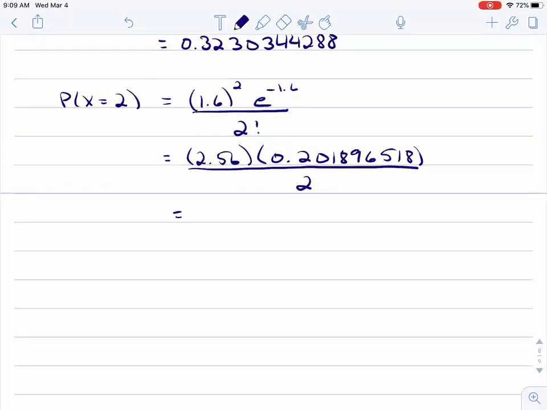So I get 2.56 divided by 2 times that, and I get a probability of 0.258427543.